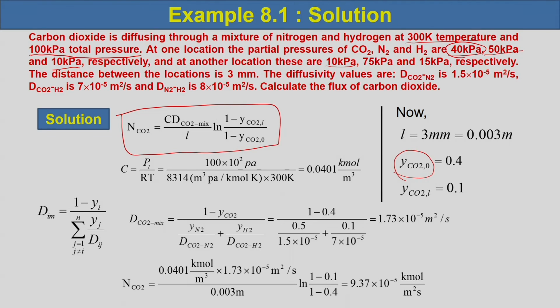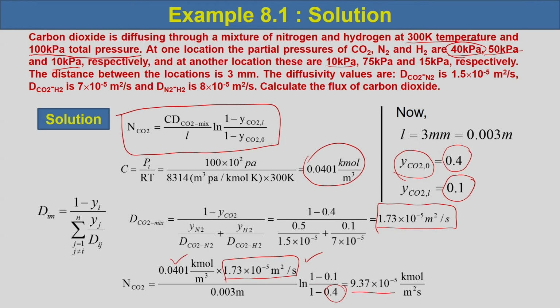we can get C, which we have calculated, which is 0.0401 kilomole per meter cube, into D_CO2,mixture, which we have calculated as 1.73 × 10^-5 meter square per second, which is substituted here, divided by the length, which is 0.003 meter, into ln of (1 − Y_CO2,L), which is 0.1, divided by (1 − Y_CO2 at 0), which is 0.4, which is substituted here.